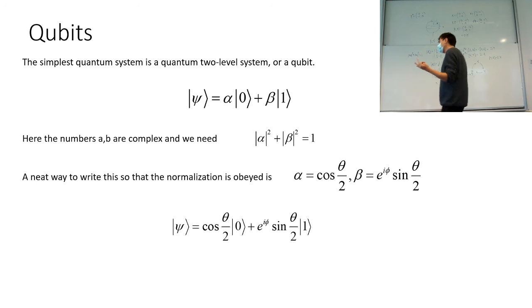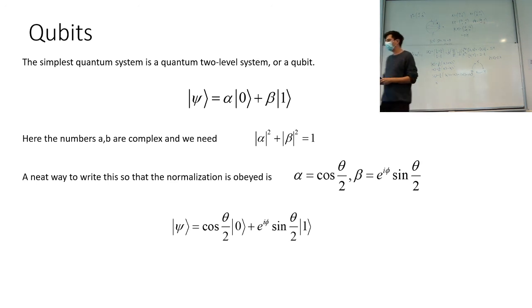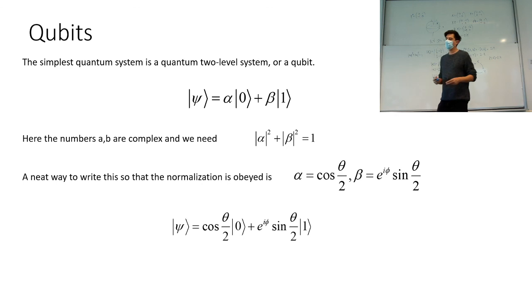And it turns out that even if you multiply this state by a phase, it doesn't change anything in quantum mechanics. So if you have a state psi, you could equally multiply it by some phase e to the I phi.